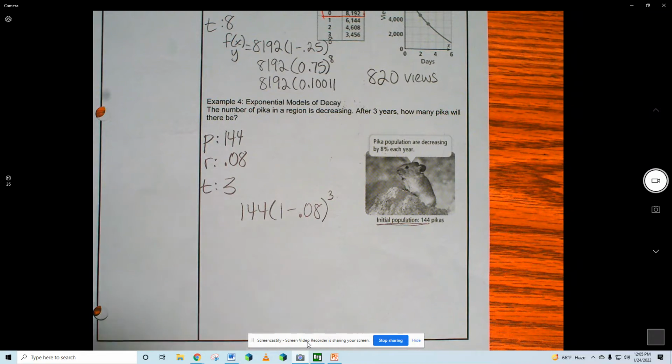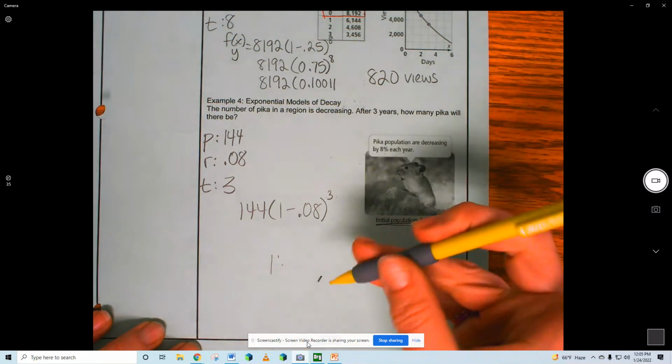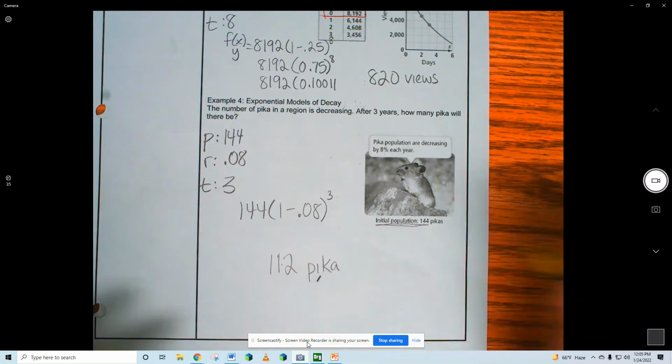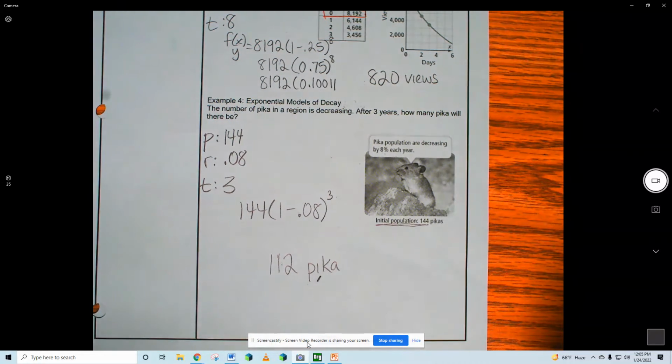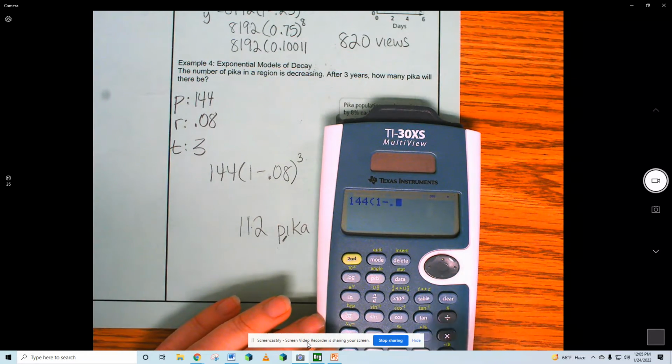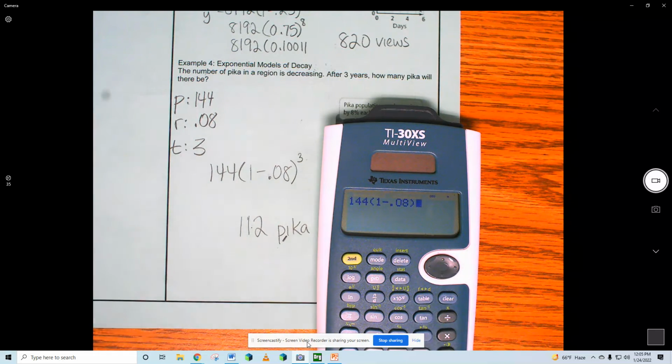Yeah, 112. So 144 times (1 minus 0.08), close the parentheses, raised to the third power. Is that what your calculator said? Those of you that said you didn't get it, 112 picas.